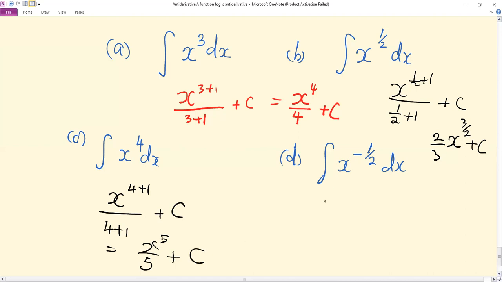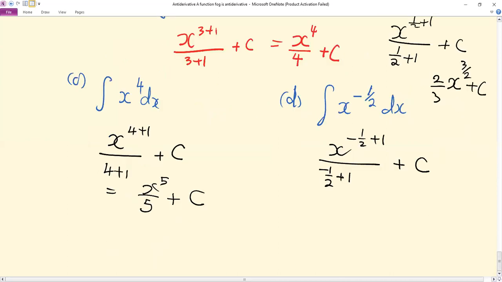This one will have x raised to the power minus a half plus 1, divided by minus a half plus 1, plus c. Now, minus a half plus 1 is a half, and 1 divided by a half gives 2. So this gives 2 x raised to the power half, plus c.